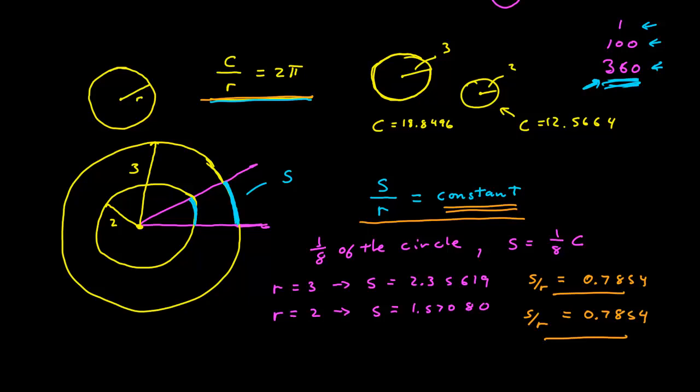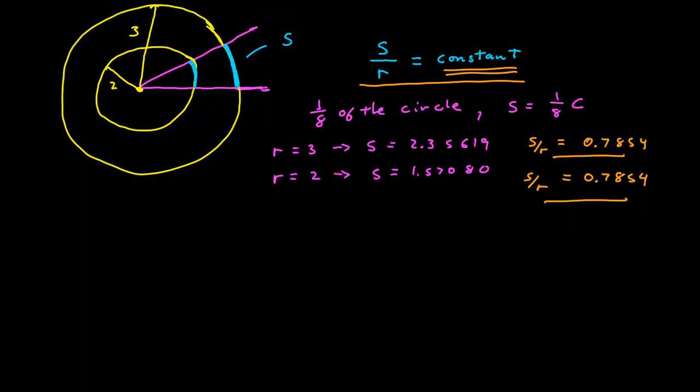This provides a way to define the degree of the angle for these two lines, and the way to define the angle is this constant. I can now define the angle between any two lines to be the arc length subtended by any circle divided by the radius of that circle. That now becomes my definition of the angle.